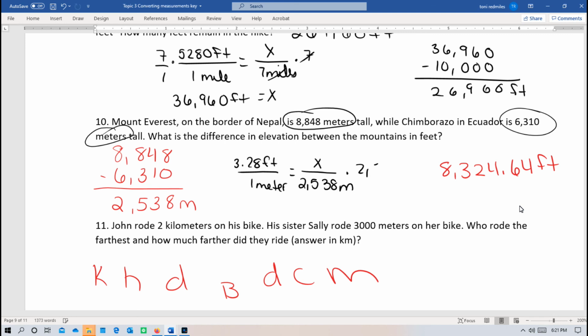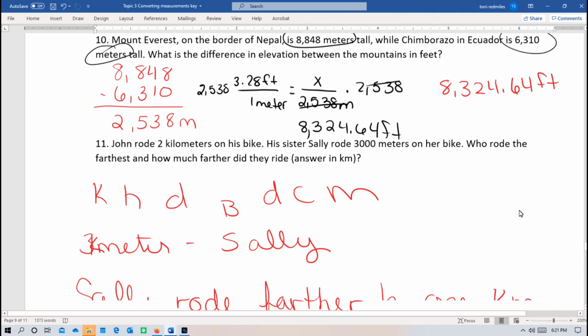To get x by itself, I got to multiply both sides by that 2,538. All right, cancel. So 2,538 times 3.28 equals so this many feet, 8,324.64.